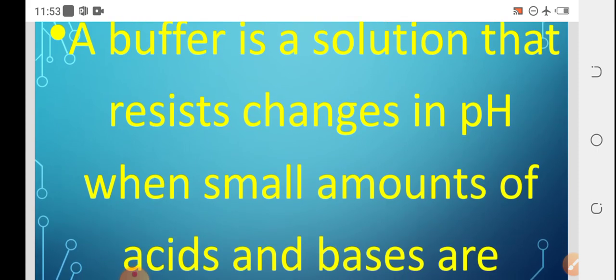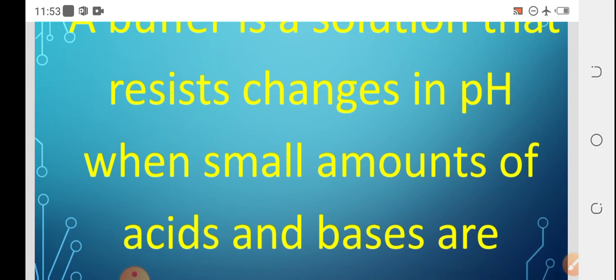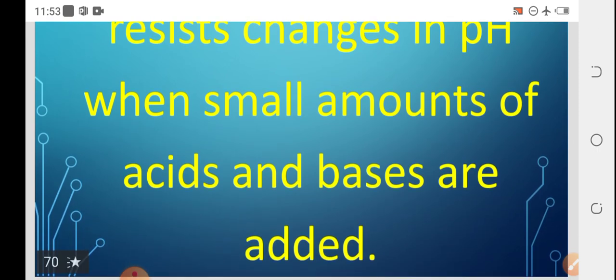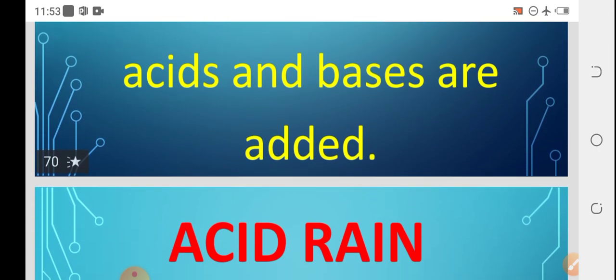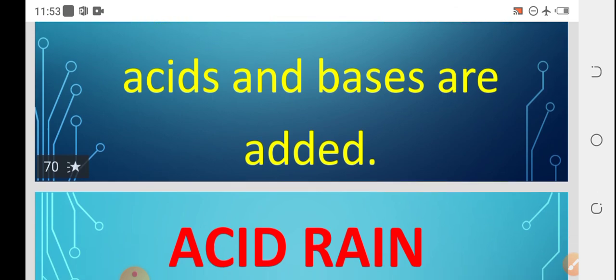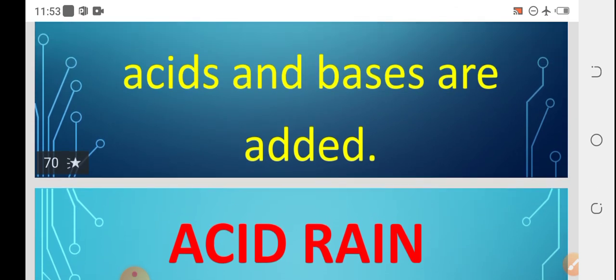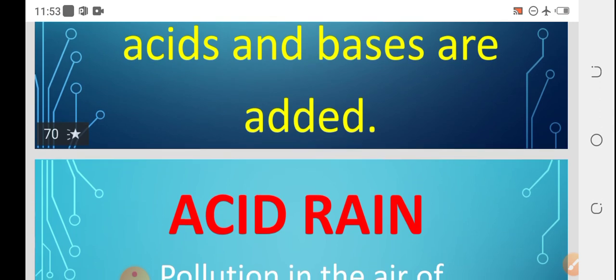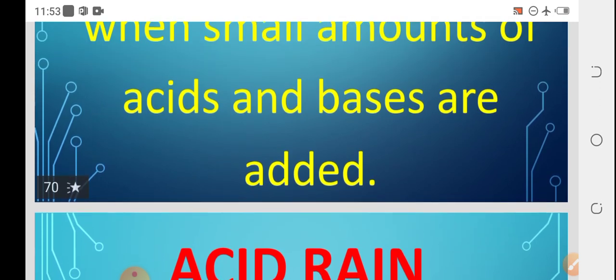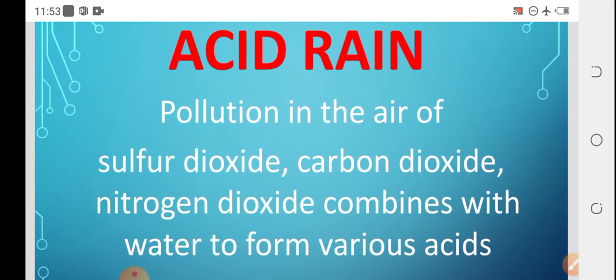So if a little acid or base is added and the solution does not change, the solution is resisting, and this type of solution that resists pH change on adding small amounts of acid or base is called a buffer solution.